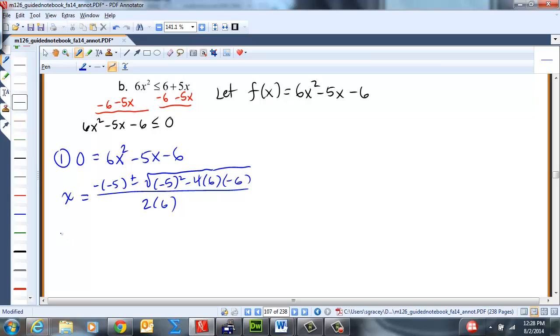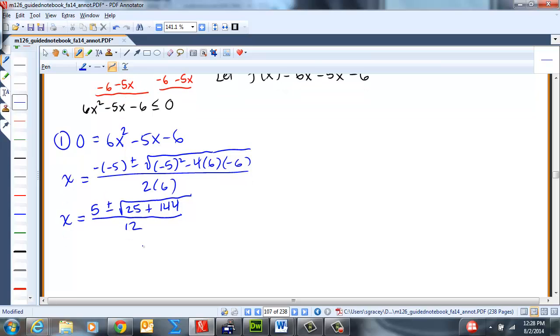So we will have x is equal to 5 plus or minus the square root of 25 plus 144 all over 12. So now we will have x is equal to 5 plus or minus the square root of 169 over 12.